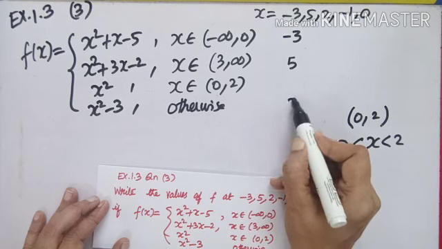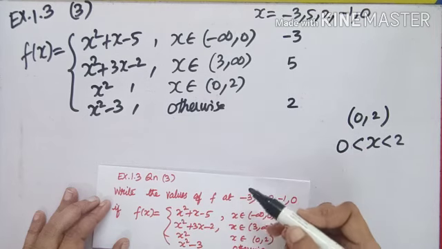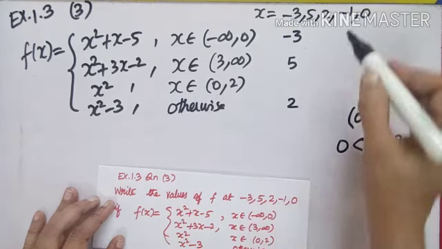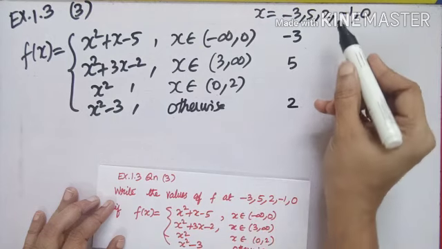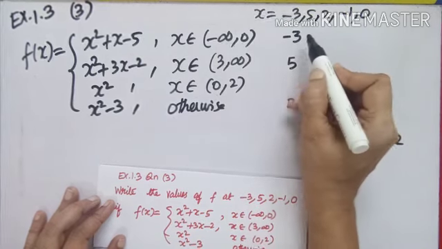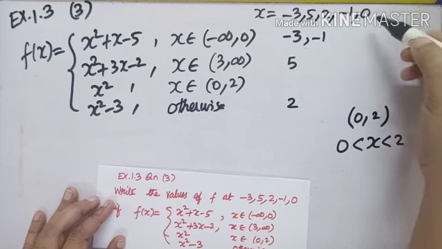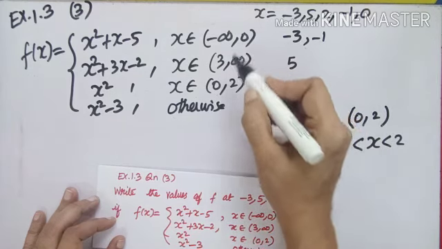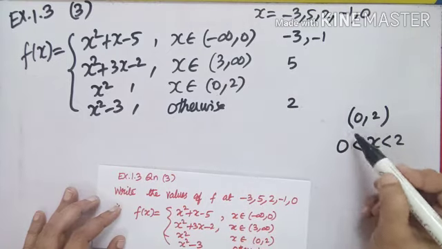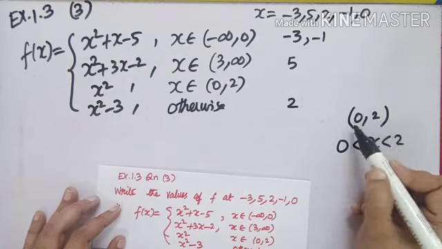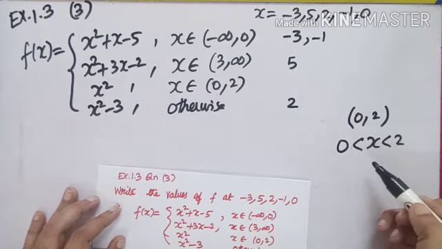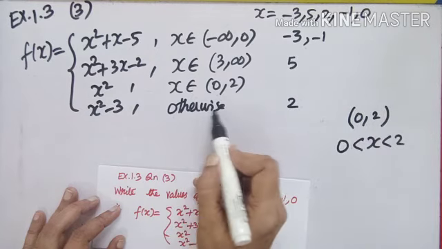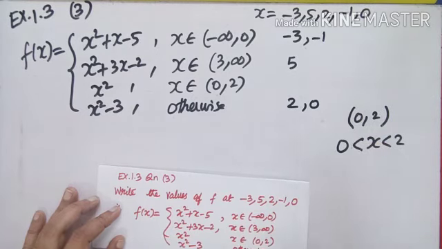Otherwise. So 2 will come in this interval. The next number -1. -1 is below 0. So it will come here. 0. Where will 0 come? Everywhere I have only round bracket. Round bracket tells me the end values are not included. So 0 also will come in the otherwise area.